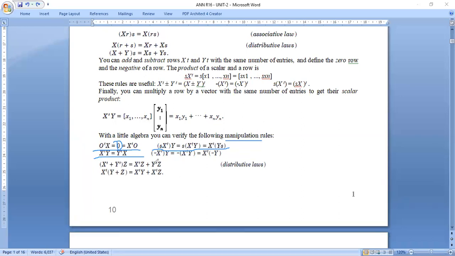And after that, (minus x)^T y equals minus of x^T y, or otherwise you can write x^T into minus y. These three are the same.